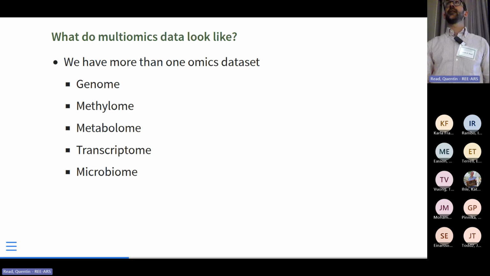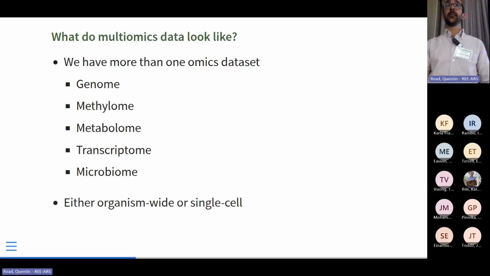There's any type of genomic data, methylation at different sites, metabolome, transcriptome, so what's being expressed, and microbiome, of course, among others. These sometimes are organism-wide, or there's also a lot of single cell approaches that give you omics data from many cells from the same sample, which gets into a really big data situation pretty fast.